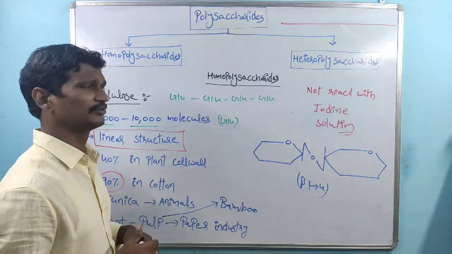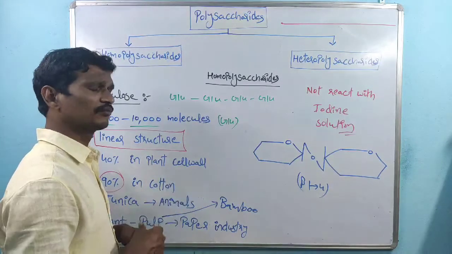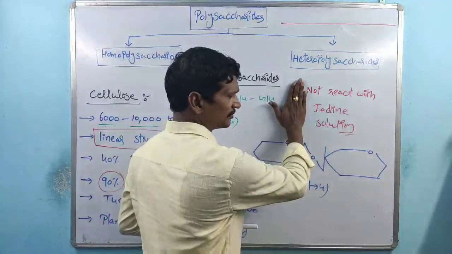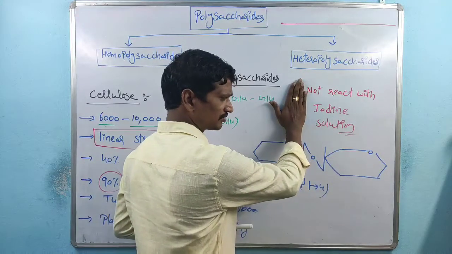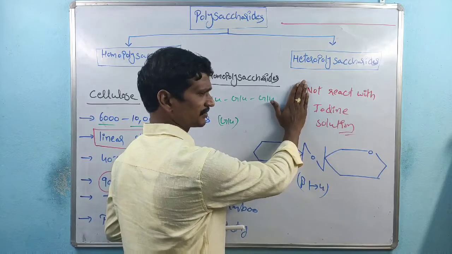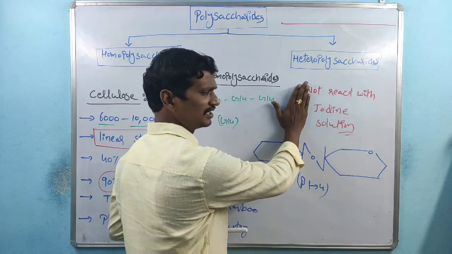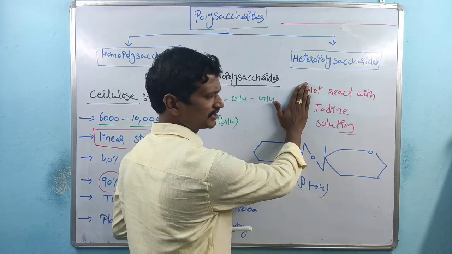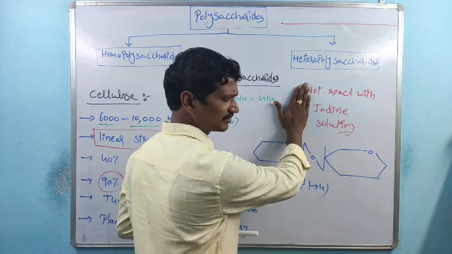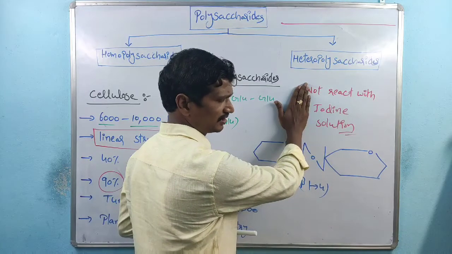Cellulose does not react with iodine. Why does it not form any color complex? Remember, there is no reaction between iodine solution and cellulose. If the reaction takes place, definitely there is a color complex formation. Between cellulose and iodine there is no reaction and no color complex formation.